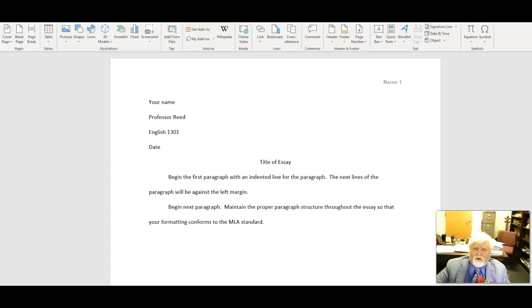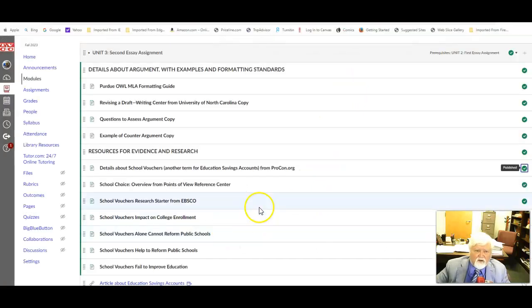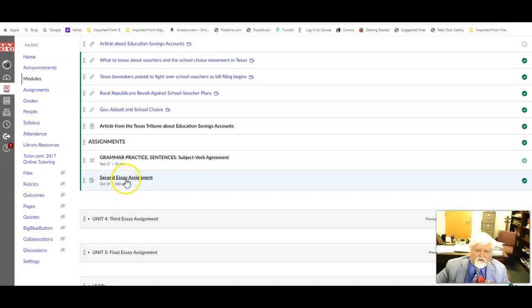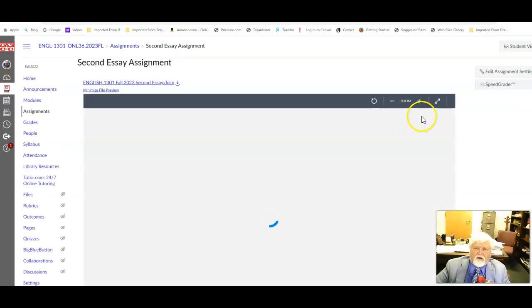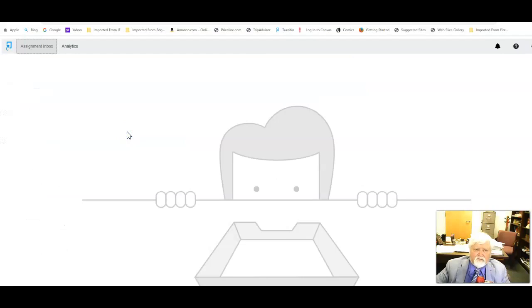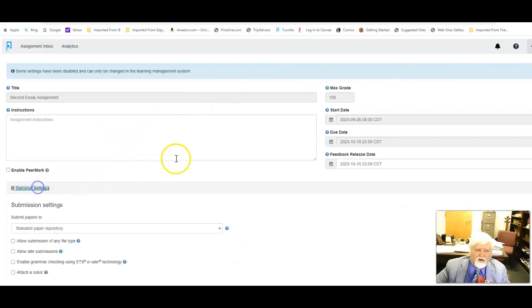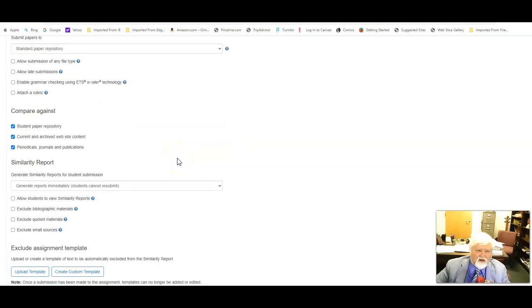And again, I'm going to show you the rubric. Let me not save that one. When you go to the second essay assignment, again, submitting it to turn it in, you go below the handout, click the bar here. This is how I can get into showing you, hopefully it hasn't changed anything. Yeah, it did. Okay.